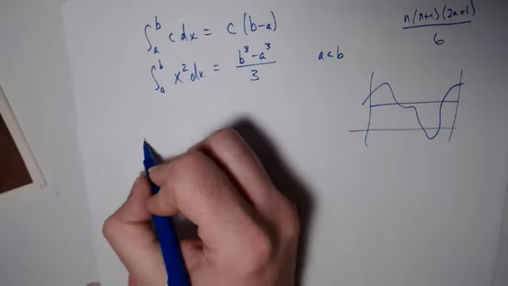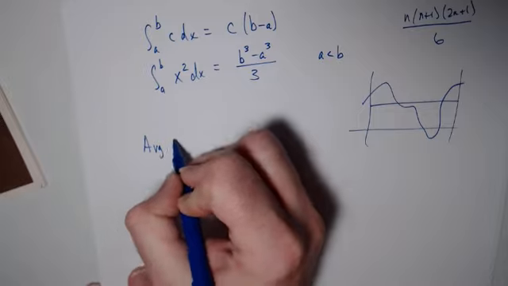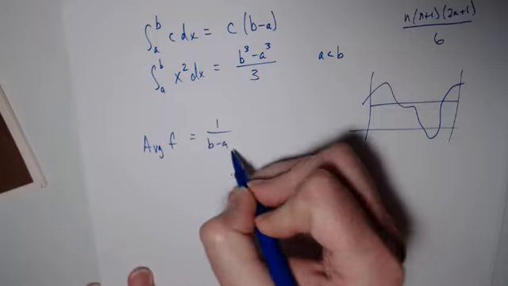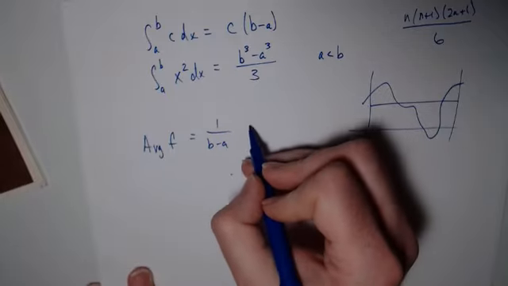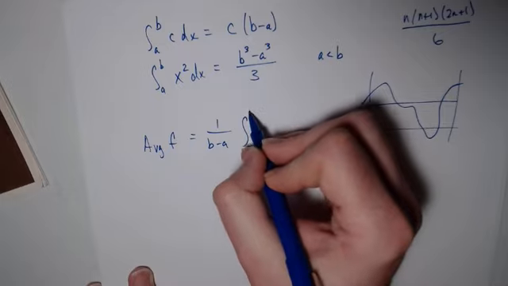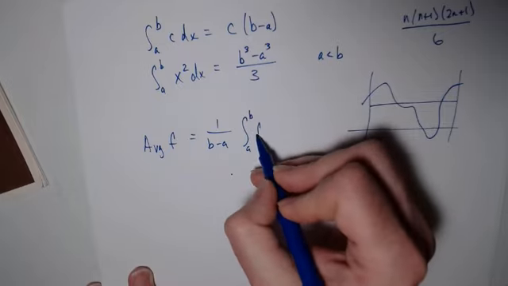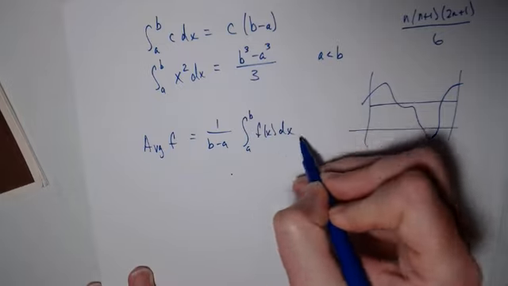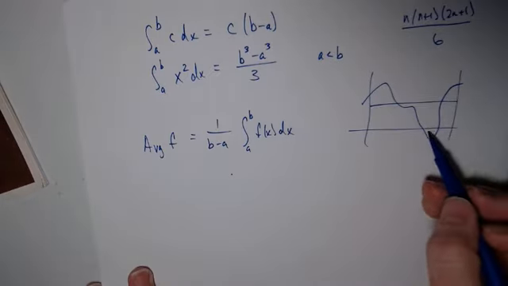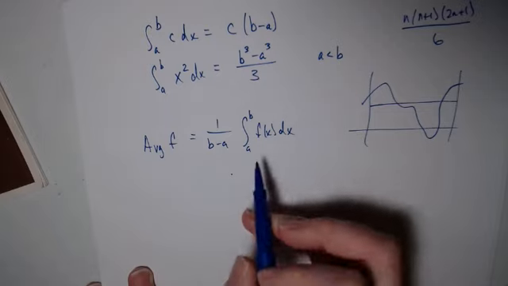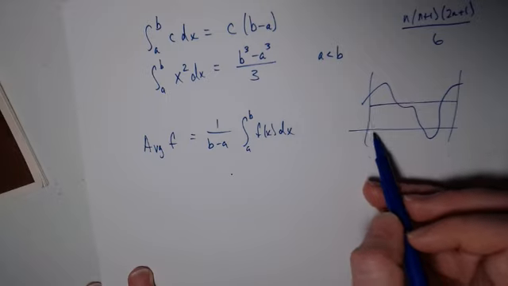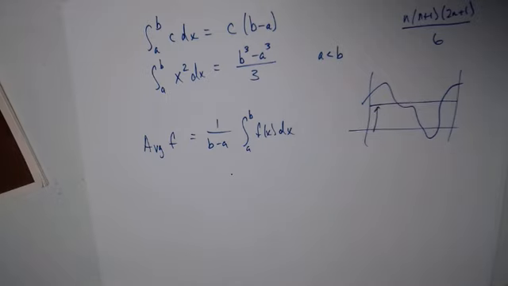So the average value of a function is equal to 1 over b minus a, that's the width of the rectangle, divided by the width, I'm saying, times the integral from a to b of f of x dx. So we would calculate the area under the curve, net area if necessary, and then we would divide by the width of the interval to figure out what the height of that average function was.